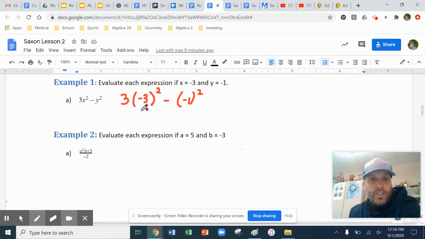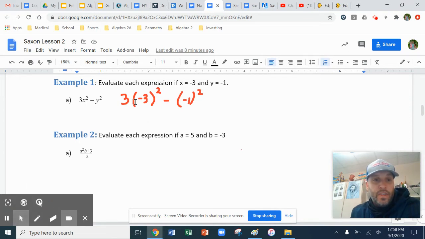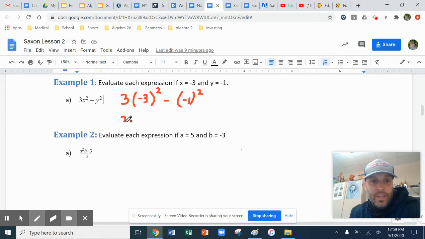So now I'll start working through using my order of operations. First thing I would look at is the parentheses. I have parentheses, but there are no operations to do inside of those, so I'll move on to exponents next. And I do have two exponents to simplify. First, I have a -3 to the second.